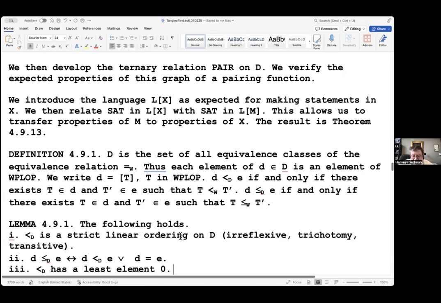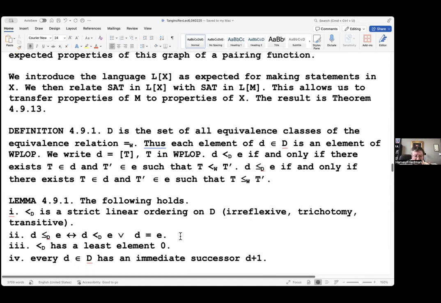And D is less than or equal to E if and only if the same thing with T less than or equal to W T prime. So we now have the well ordering of the new domain that we really want. But then we have to actually show that we get a suitable amount of indiscernibles and separation from here by reducing it back to M.